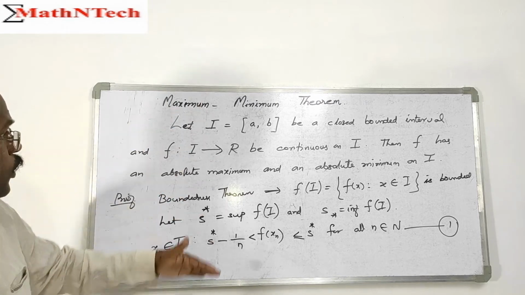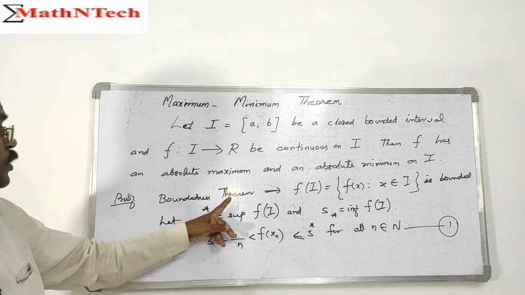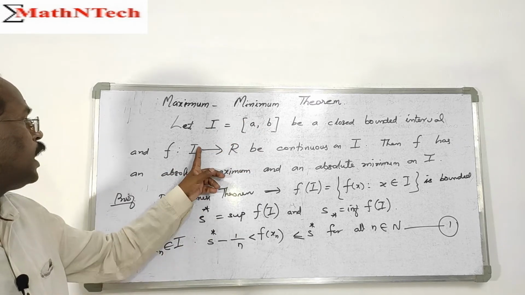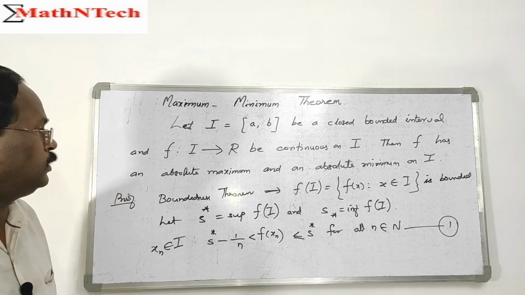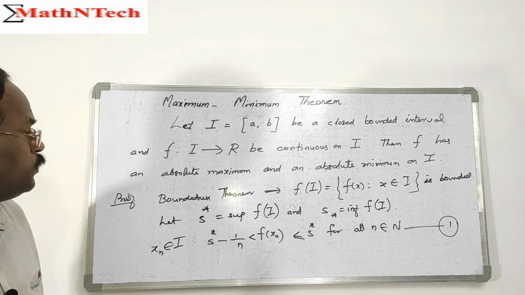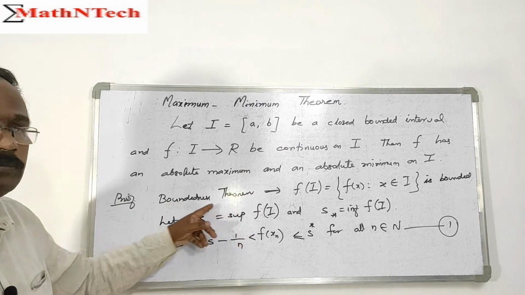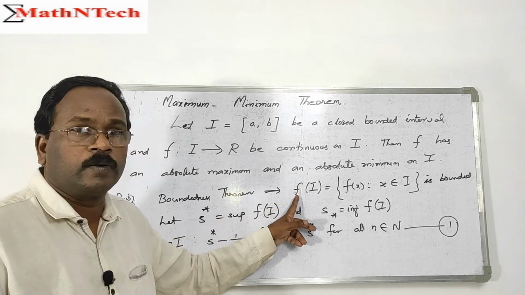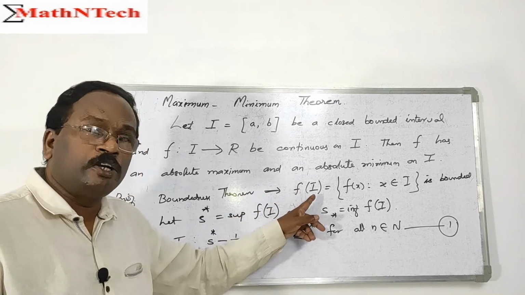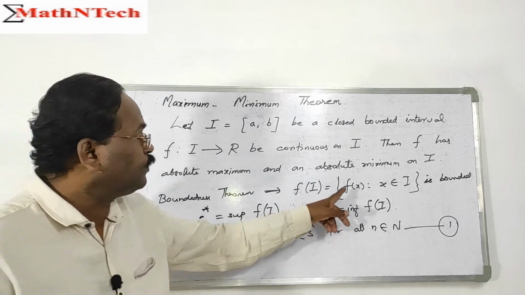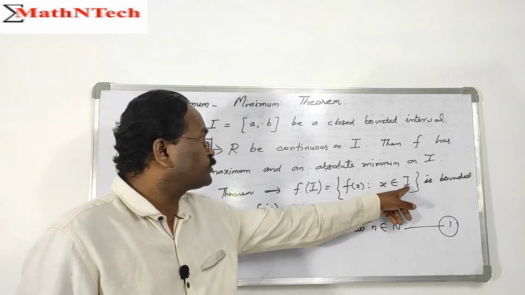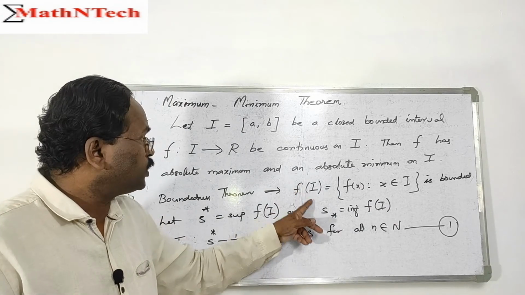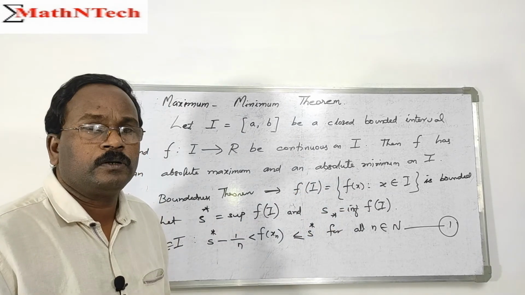So note all these points. First, the interval I is closed and bounded and f is a continuous function on I, which implies the boundedness theorem. By the boundedness theorem, the function f is bounded. f is bounded means the f values are bounded. Those values f of x for all x element I are denoted by the set f of I. Then the set f of I is bounded.